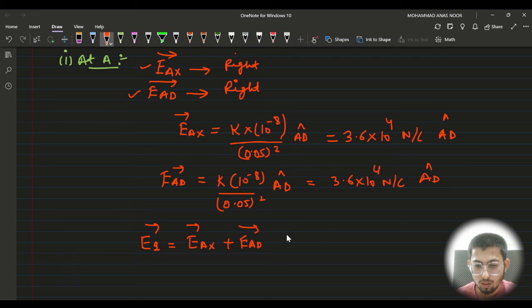So if you add them, what you will get? 7.2 into 10 to the power 4 Newton per coulomb, AD unit vector, right?